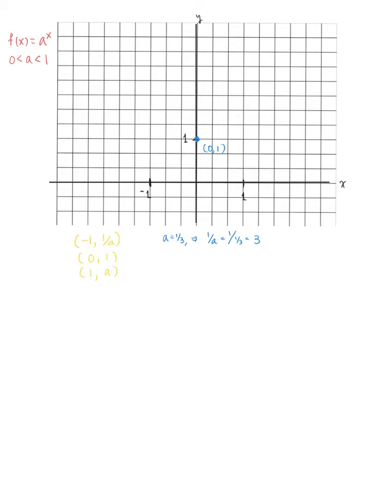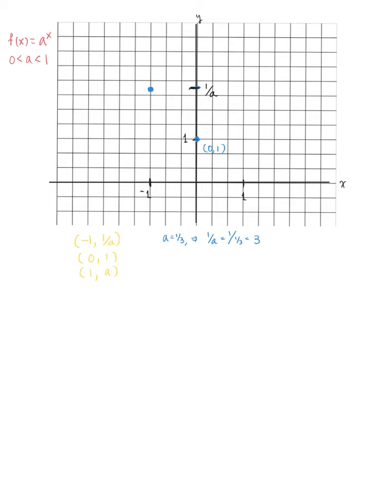Here, I'm going to randomly pick a 1 over a value. So maybe right here, I could call this guy 1 over a. Pretend that's 1 over 1/3, which gives us 3 or something like that. That means the y value is going to be greater than 1. So when x is -1, it's going to be at 1 over a. Let me jot it down here. Now let's talk about when x is 1.